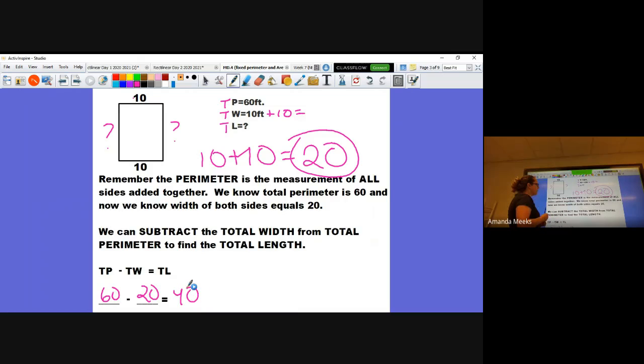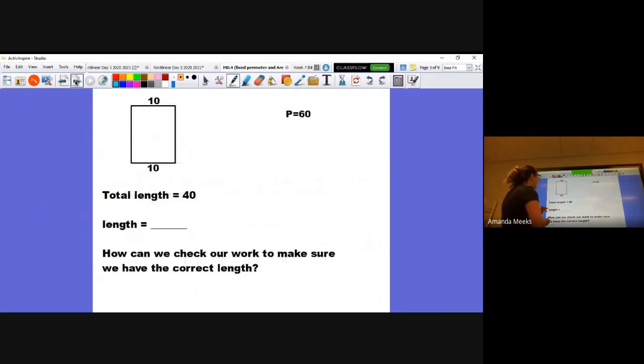So I want you to ask yourself, if I were to put 40 here and here, would I get 60? Well, I know 40 plus 40 is 80, 90, 100. So, do I have my length? Okay, no, we do not. We cannot put 40 on both sides. All right, so again, perimeter 60. We know that the two widths are 10 and 10, which equals 20, and we know the total length is 40.